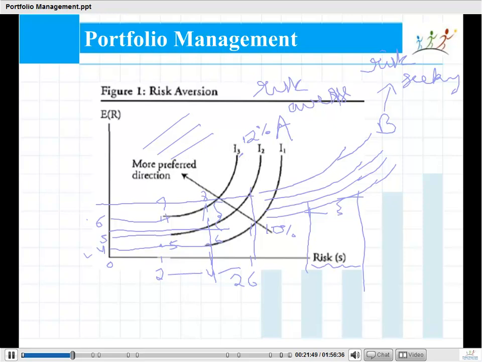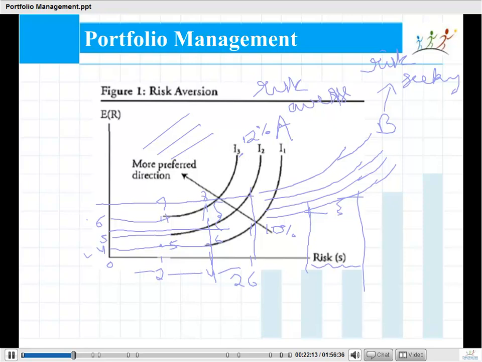That is, risk has diminishing marginal utility. If you want my investor to keep on taking more and more risk, then he will want a disproportionately higher return to take on the risk, because he doesn't want it. The first few units of risk he'll take. As long as he's getting a slightly higher return, he'll invest in AAA rated bonds or AA plus rated bonds.